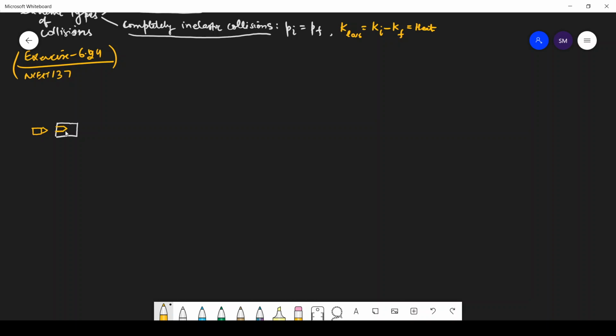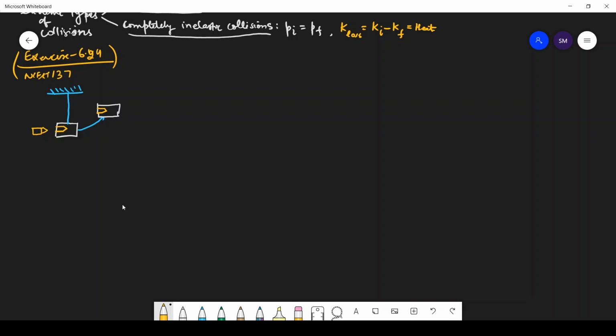So it is not moving with respect to the block, but the block itself was hanging by a string. So this block will move upward.